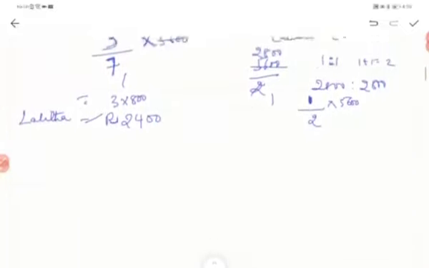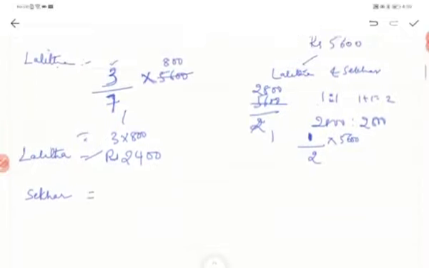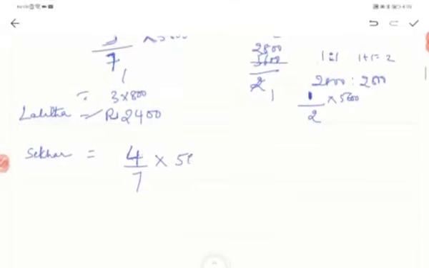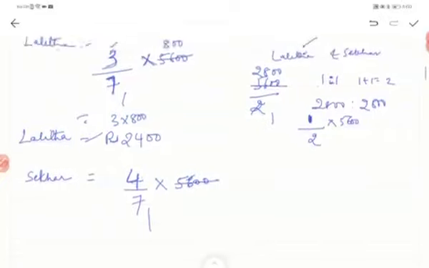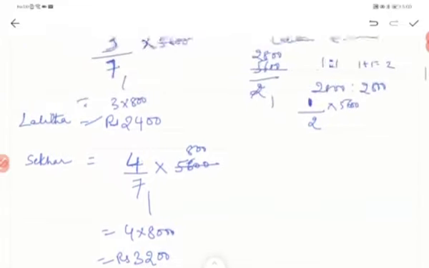It is Shekhar's share. How much? It is 4 parts. So out of 7, 4 parts are given to him, into the total money of 5,600. So 7 ones are 7, 7 eights are 56. So 4 into 8 is how much? 32. Okay, 3,200 rupees is given to Shekhar, isn't it?